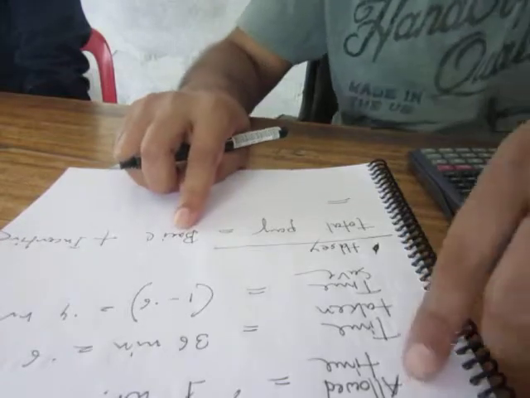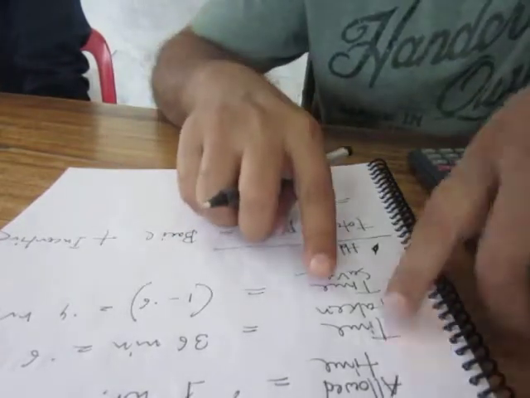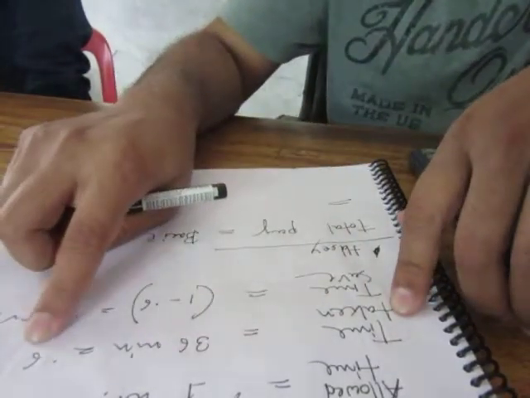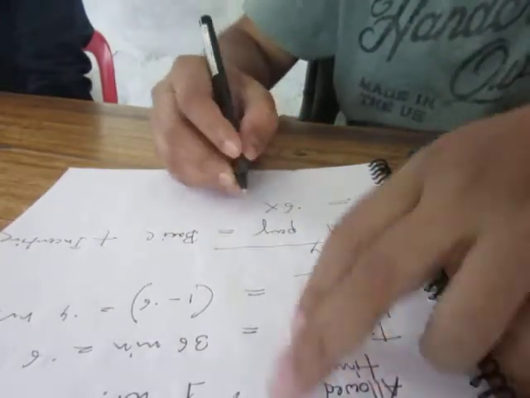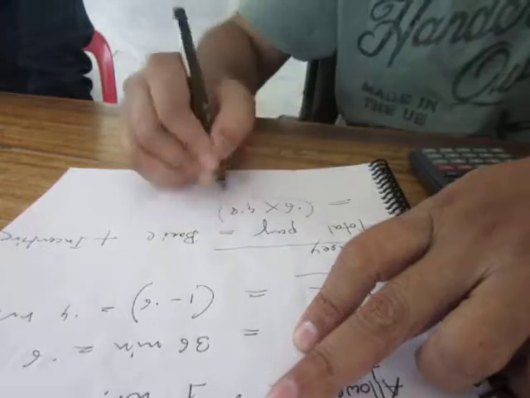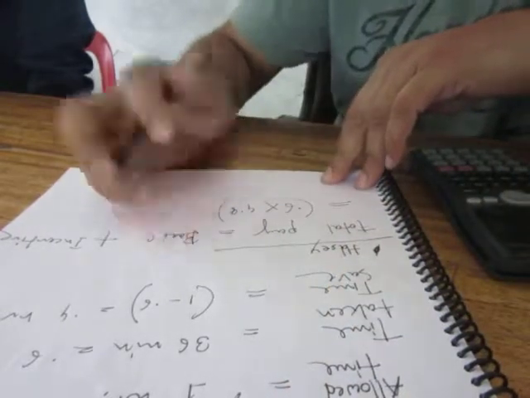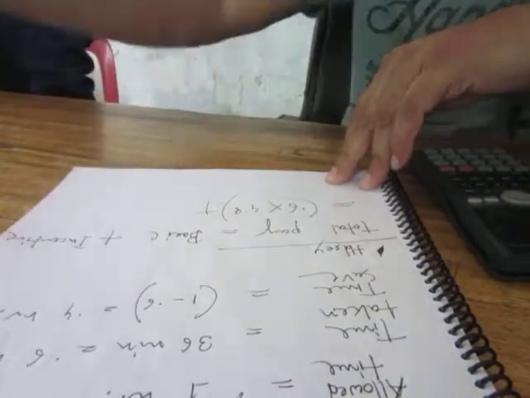Basic: you are activated for the time taken, 0.6 hours. For this 0.6 hours, your basic will be 4.8. This is your basic. Plus, you will be provided some incentive.